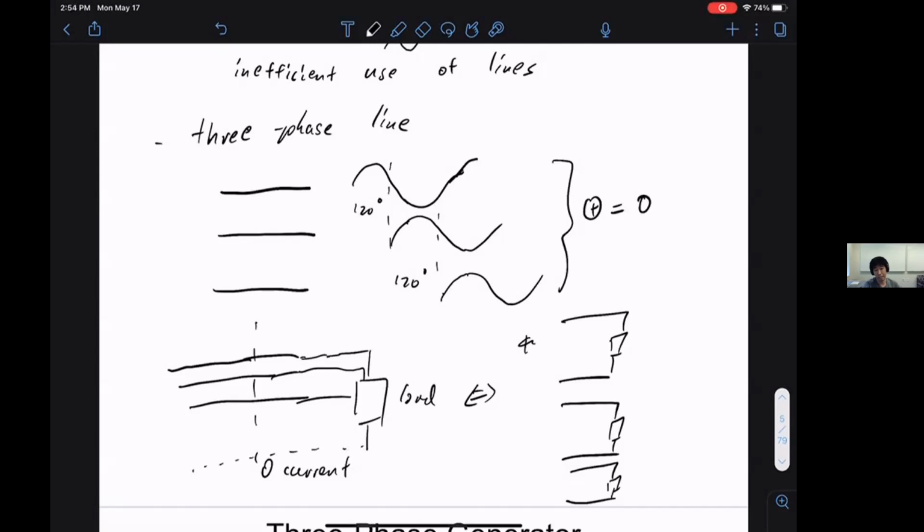So sometimes we still have a fourth neutral wire for safety reasons, right? You could ground them both if you want, or you have a fourth wire for reliability and safety. But the idea is the three phase should be relatively balanced. So any return current, if there are any current imbalance, should be small.